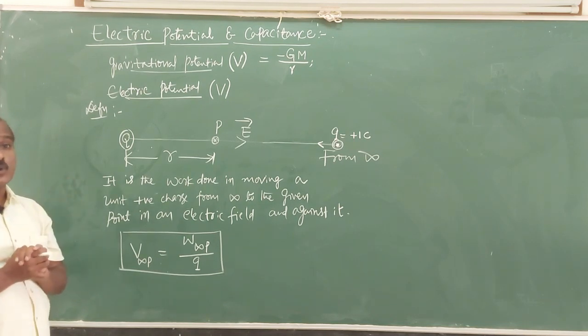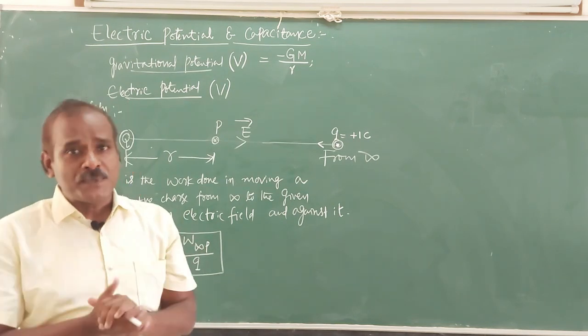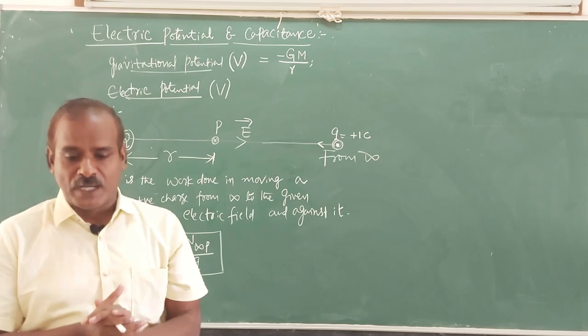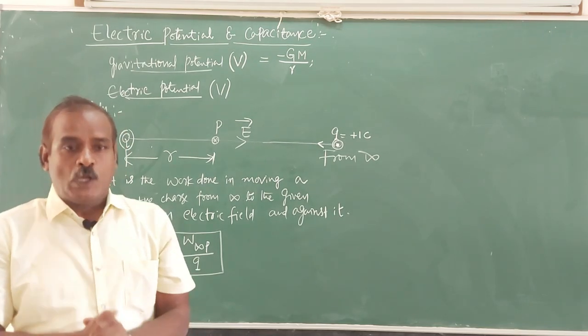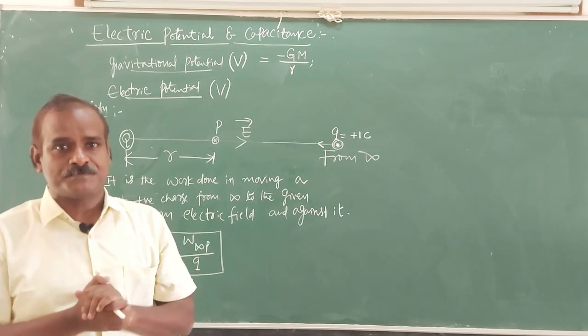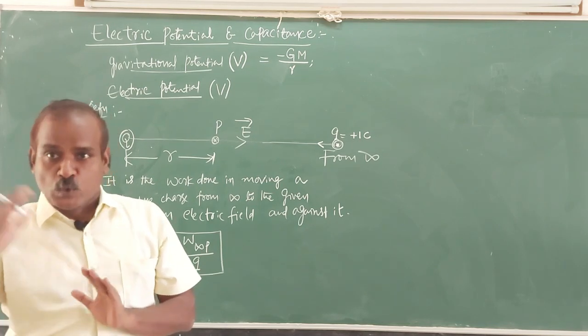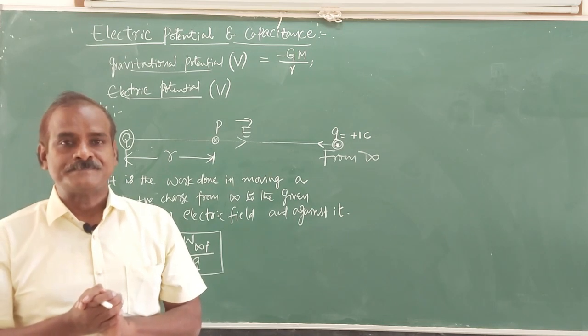Whenever you use the word work done, there should be a purpose. Why do you do work? Say, for example, to lift a mass against gravitational force, or to elongate a spring against the spring force. Similarly, work is done to move a charge against an electric field.